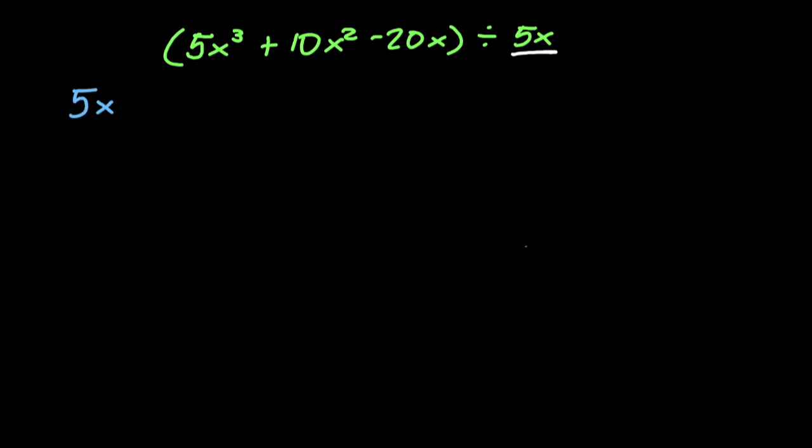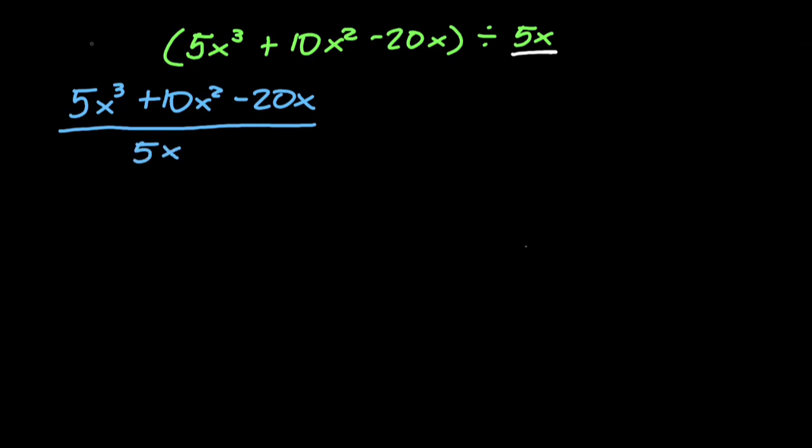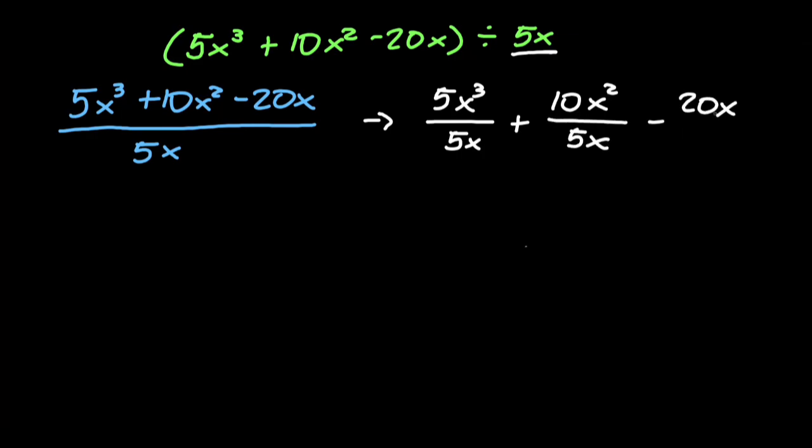It will be 5x raised to the power of 3 plus 10x squared minus 20x all divided by 5x. So this can be also split apart like 5x cubed over 5x plus 10x squared over 5x minus 20x over 5x. So whichever you prefer.